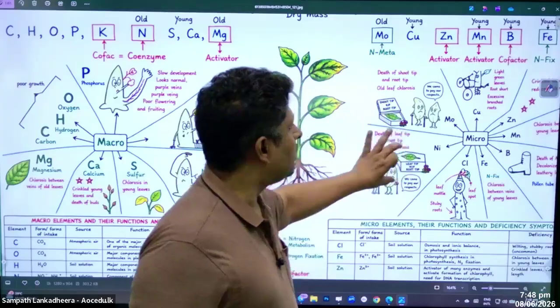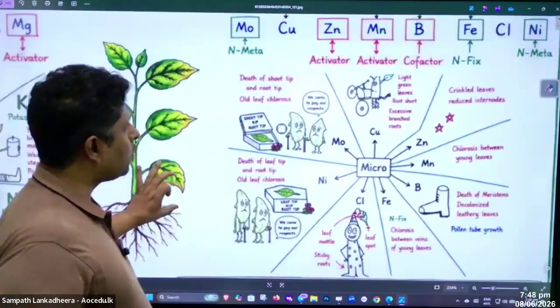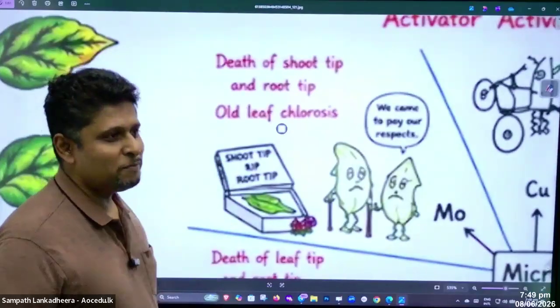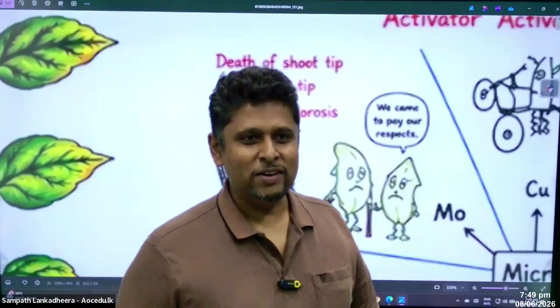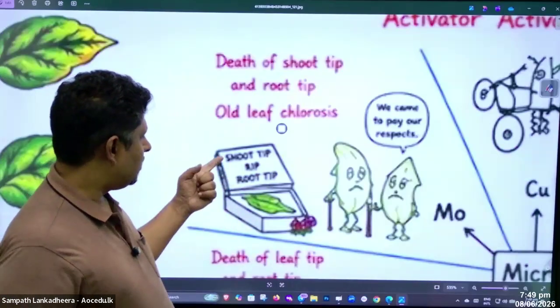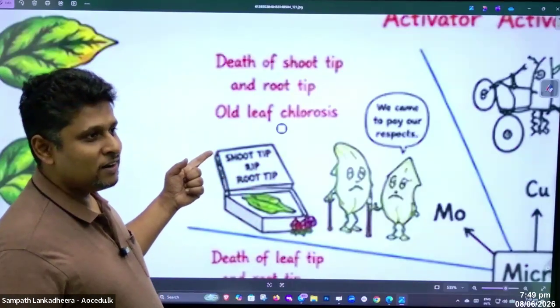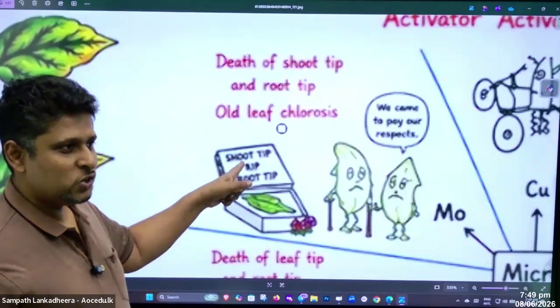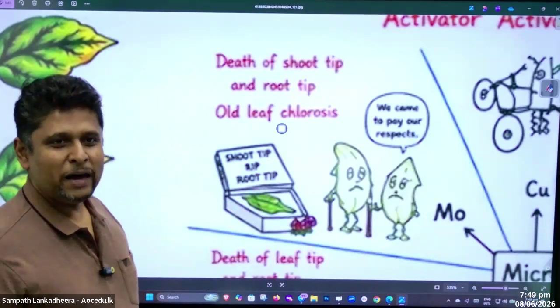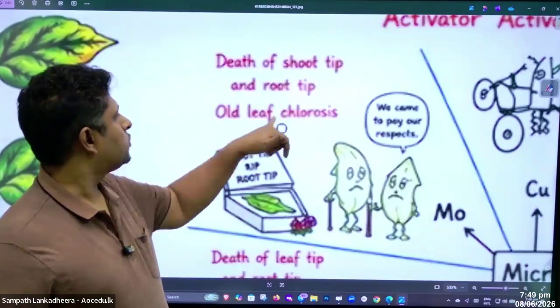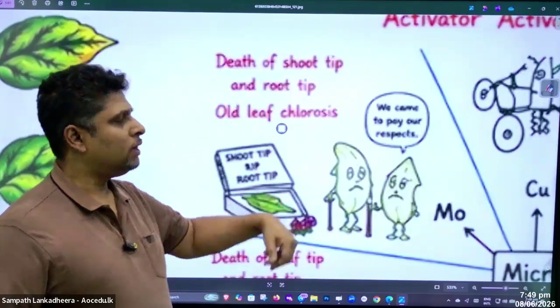Then moving to the micronutrient part. We started with molybdenum: death of the shoot tips and the root tips, and chlorosis in old leaves.